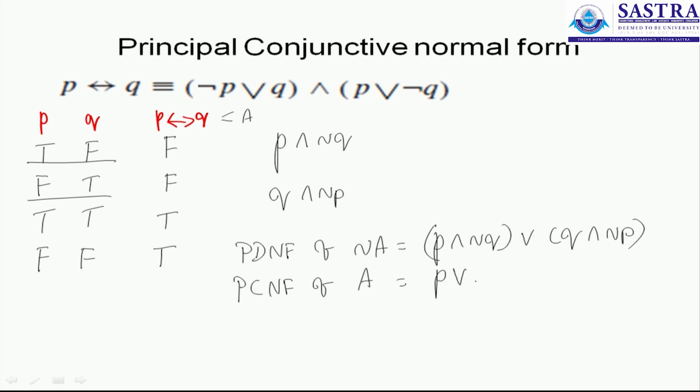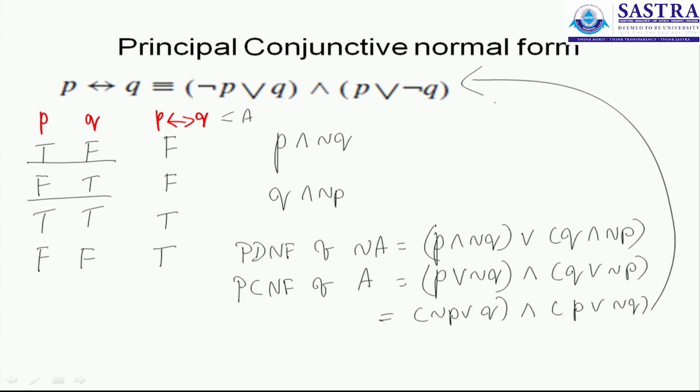P disjunction Q, P disjunction negation Q, and the conjunction is flipped, Q disjunction negation P. Or in other words, this is negation P disjunction Q in conjunction with P disjunction negation Q. That's what you had in the question. So that is the required conjunctive normal form of the given A.